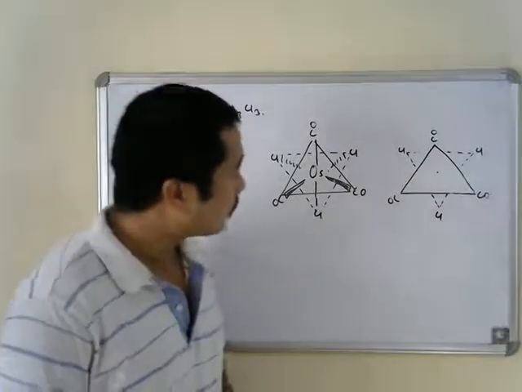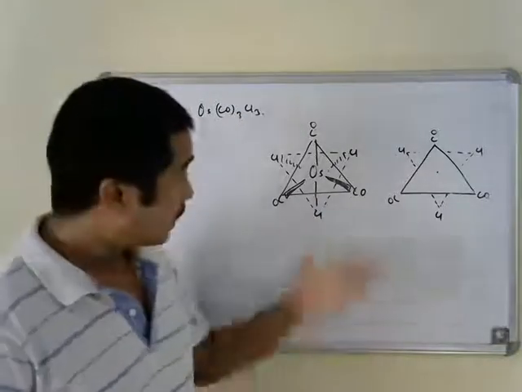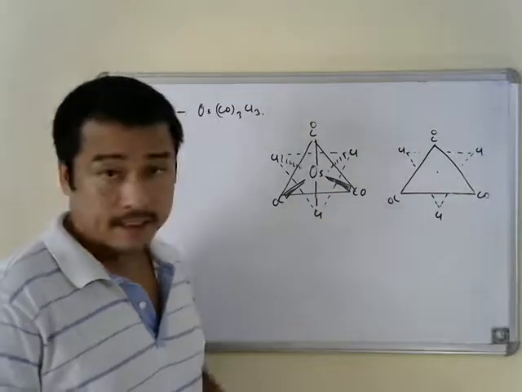So let us now also try to find if there are C2 axes perpendicular to the C3 axis of symmetry or not.